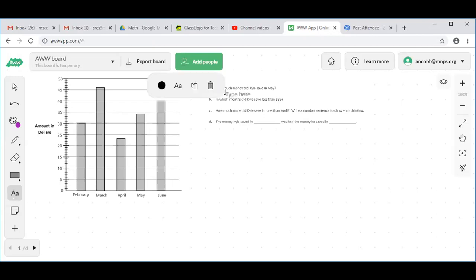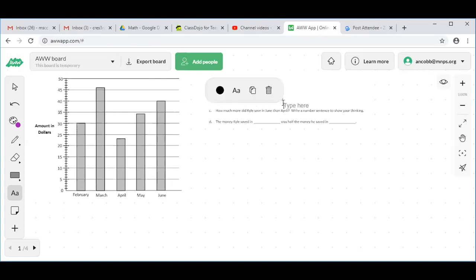Okay, and this is $34. Or you could do the dollar sign. All right. There we go. It should show, but it's not. So that's the answer, $34. Oh, it's not showing. So that's the answer for A, $34.